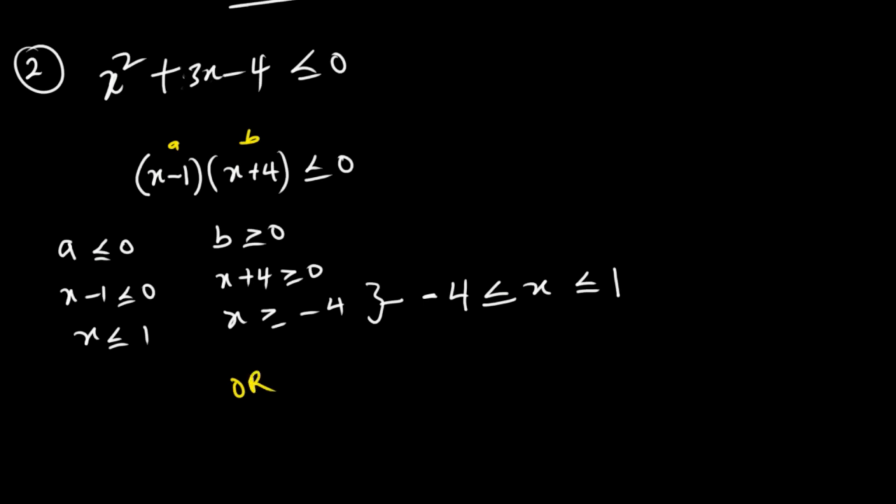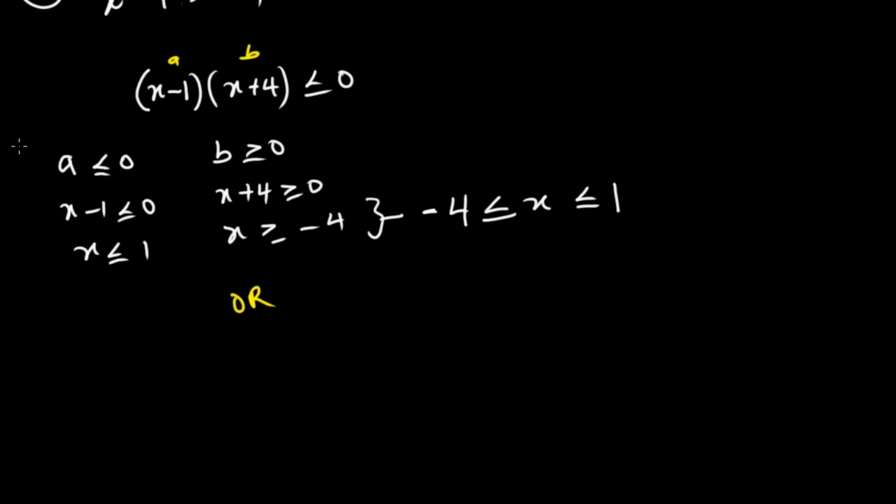So we consider the second case, where we have a greater than or equal to 0 and b less than or equal to 0. So again, if you have a greater than or equal to 0, we are going to have a in this case, which is x minus 1 greater than or equal to 0, and then we have x greater than or equal to 1.